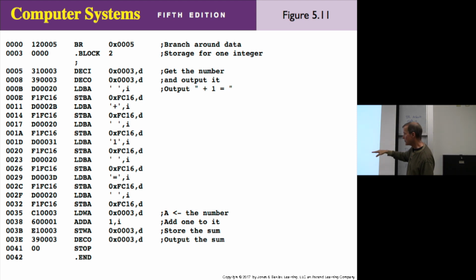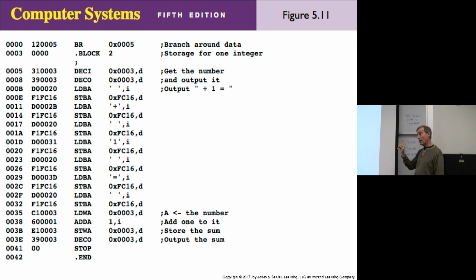What's at 0035? Load word accumulator. So that takes the number that we stored there. Are you with me? And then what do we do? Add accumulator. How much? 1. But what's the address? Does that mean we go to location 1 to find out where to add it? No, it's immediate addressing.